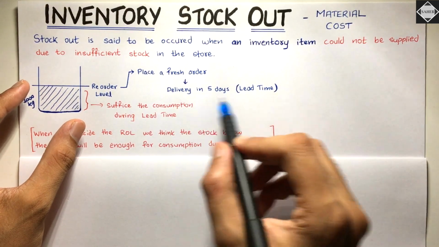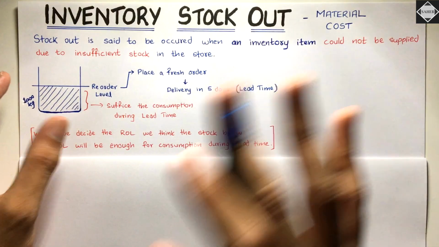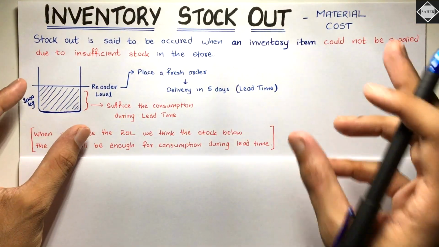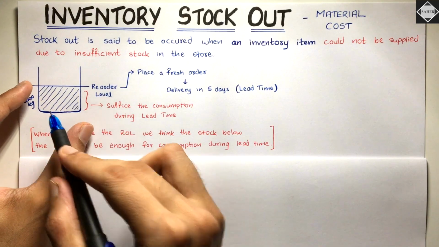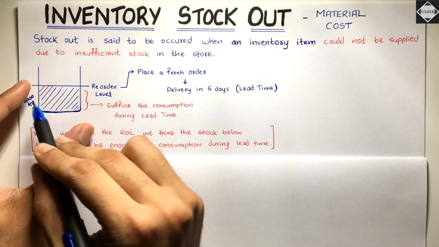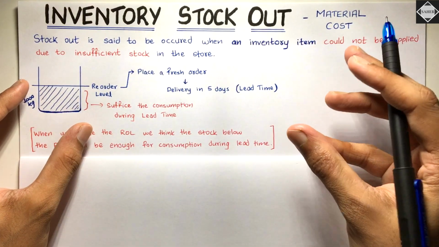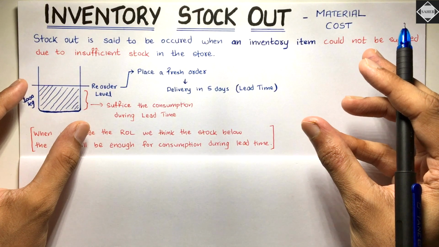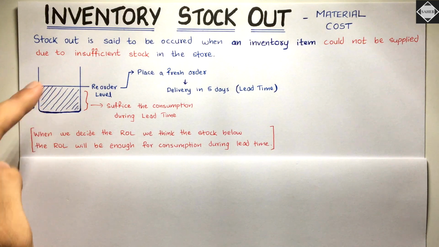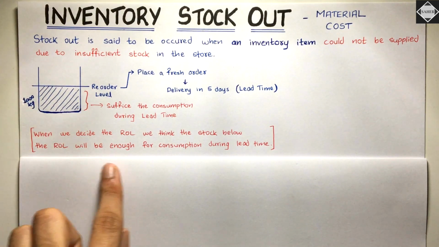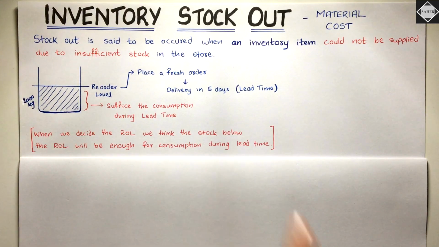During these 5 days, the production department will not face any shortage. Production will be running smoothly. We will be sending out the materials from this 1000 kgs only, and it will be enough for the production department. This is our thinking. When we set the reorder level also, we think that the stock at the reorder level, this 1000 kgs, will be enough for consumption during lead time.